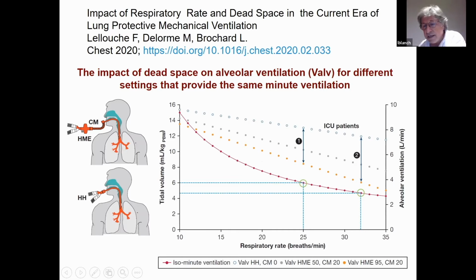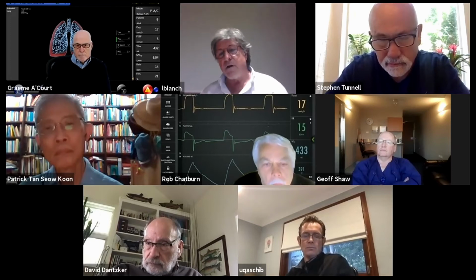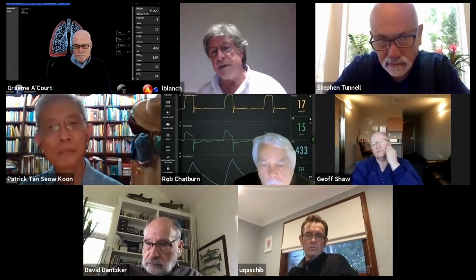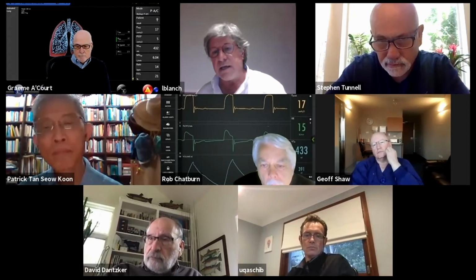If the tidal volume is 5 or 6 mLs per kilogram, this accounts for a lot on alveolar ventilation. When this was removed, to a situation where there is no added instrumental dead space, the alveolar ventilation improves. Why am I saying that? Because during lung protective ventilation, this needs to be taken into account.